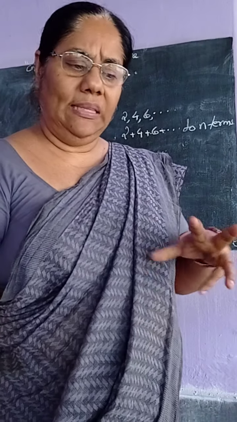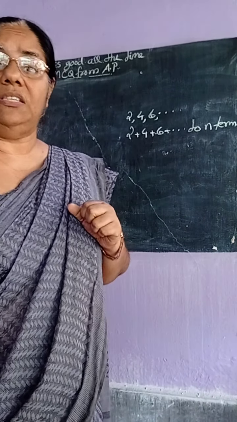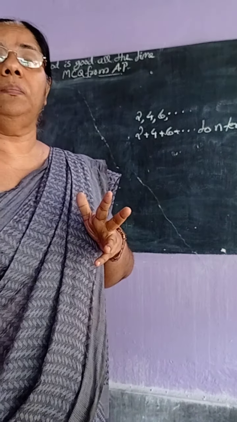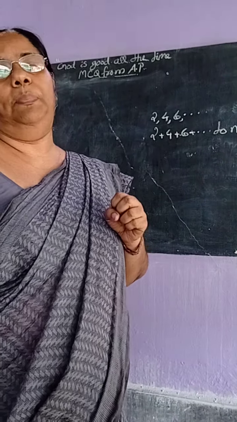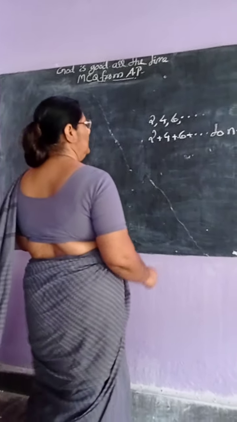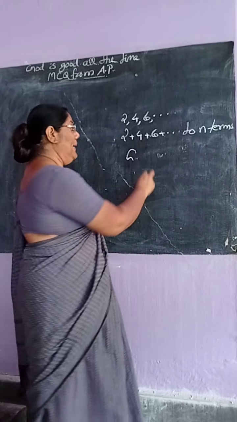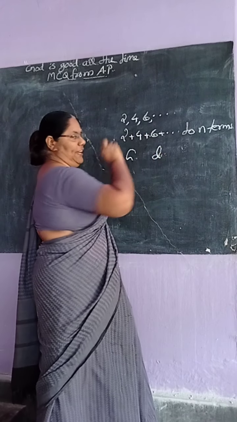Here, in this section, we learn how to find the sum of n numbers. We know that, let A be the first term of an AP and D be the common difference.